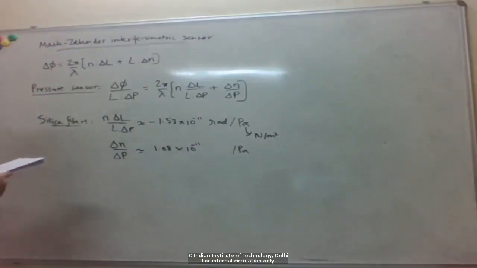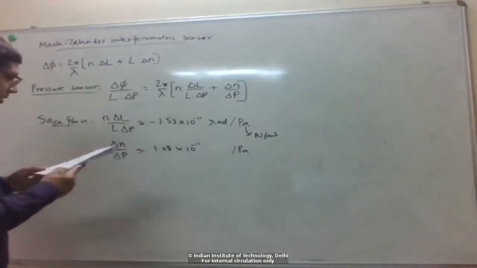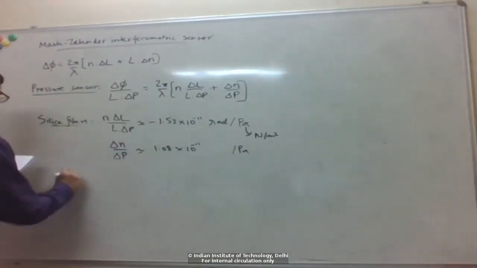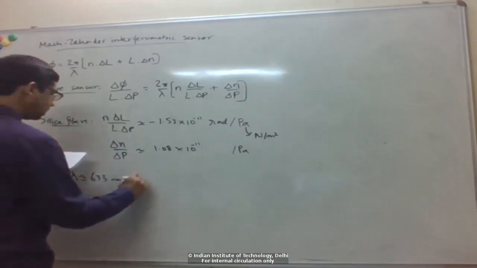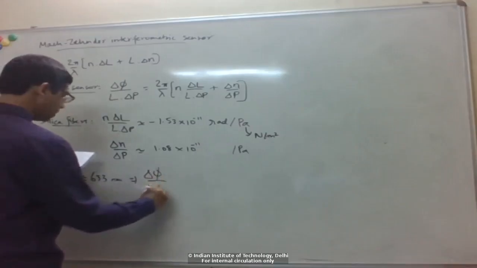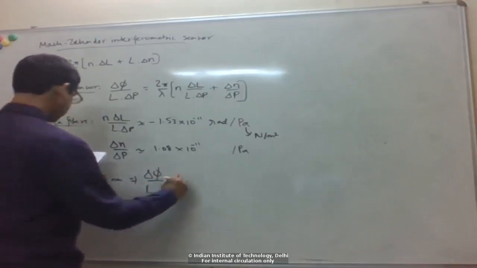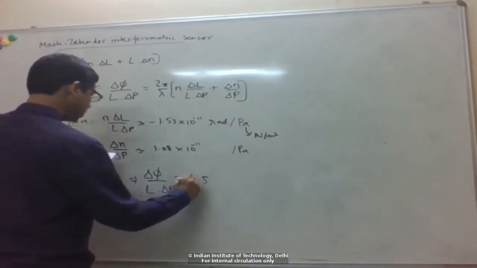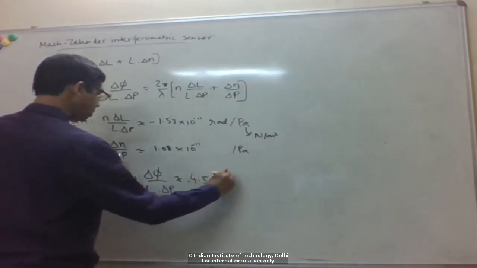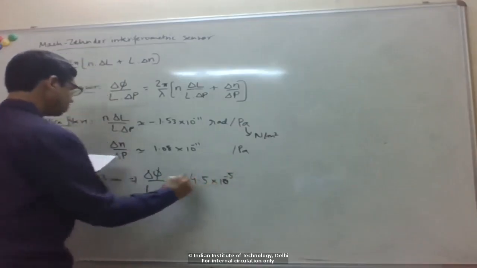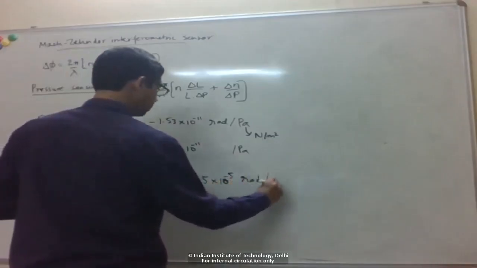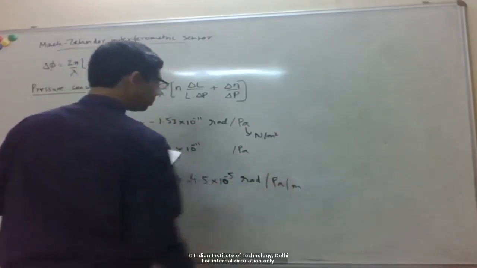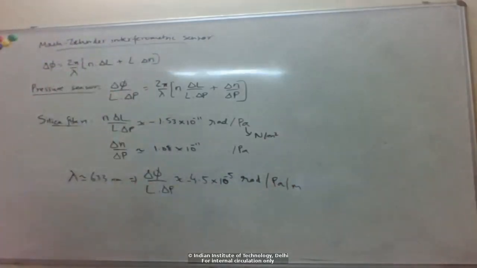Right, so if you put in these numbers, and let's say we are using a wavelength of 633 nanometer, then the phase change comes out to be about 4.5 times 10 to the minus 5 radian per Pascal per meter of fiber.